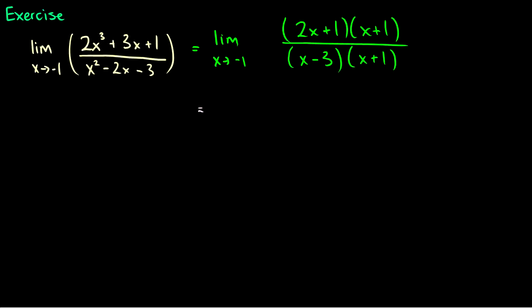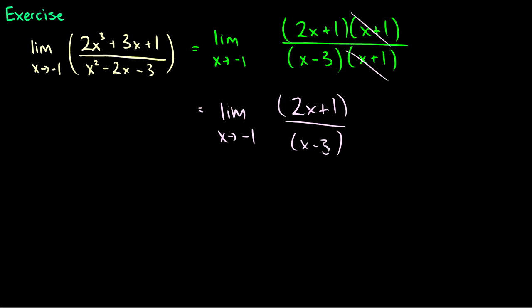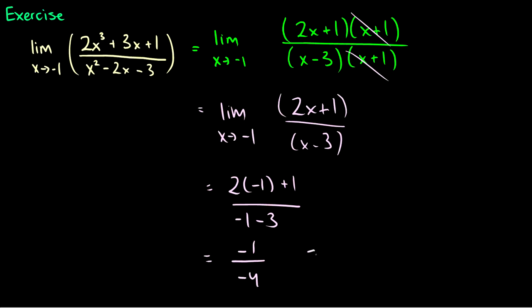But at this point, well, we see these two nice things cancel there. So this will be the limit as x goes to negative 1 of 2x plus 1 over x minus 3. So we can just plug in negative 1 now. So this will be 2 times negative 1 plus 1 over negative 1 minus 3, which is going to be negative 2 plus 1, which is negative 1 over negative 4, which is just equal to 1/4.